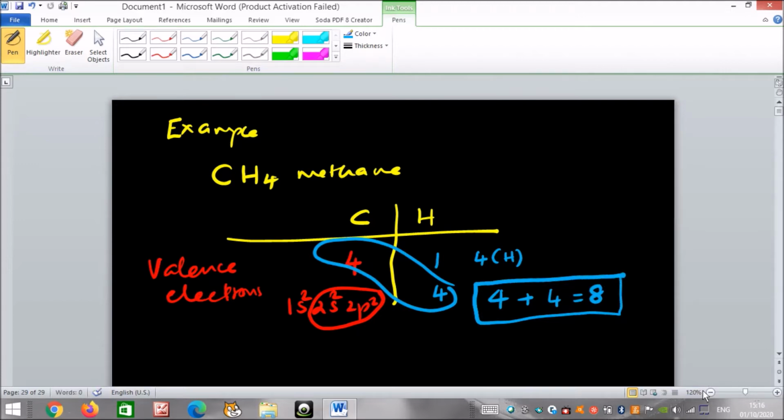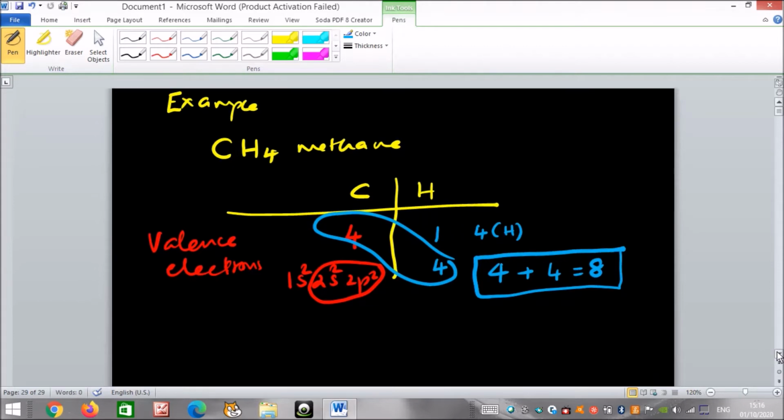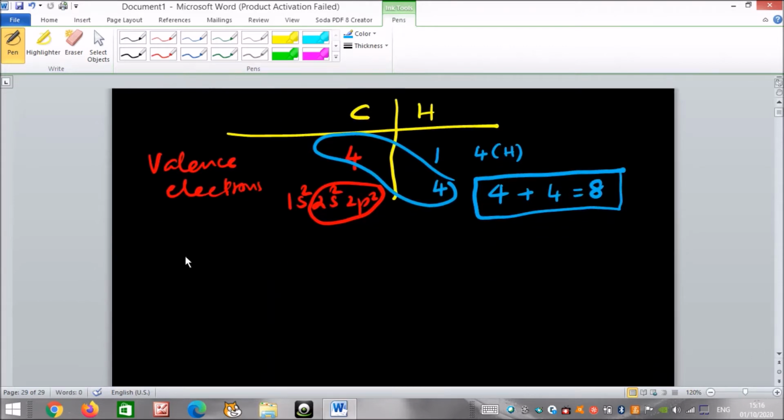If we are getting this total of 8, when the total number of electrons is 8 or lesser than 8, you have to divide this 8 by 2 so that you can get one value x. So this is the result we are getting here. The quotient is equal to 4.